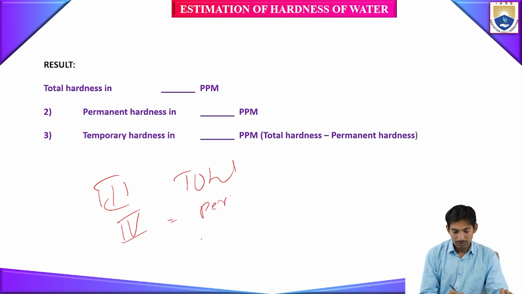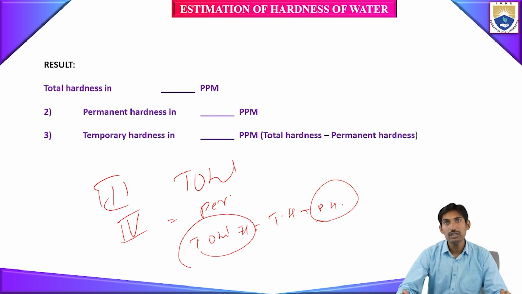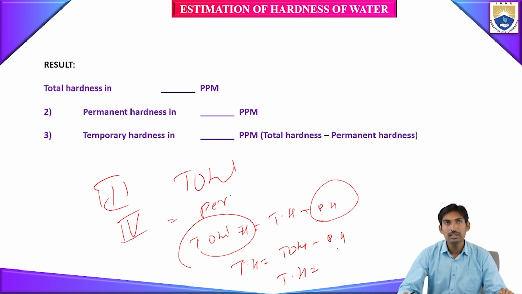We know total hardness is nothing but temporary hardness plus permanent hardness. Then how can we get the temporary hardness of water? Temporary hardness of water we get from total hardness minus permanent hardness.